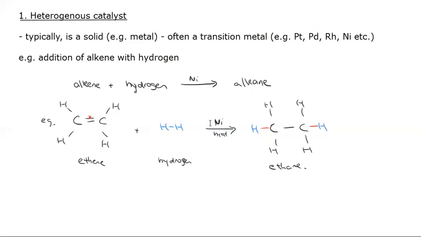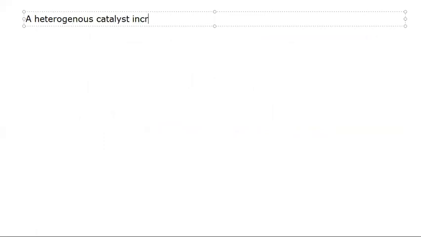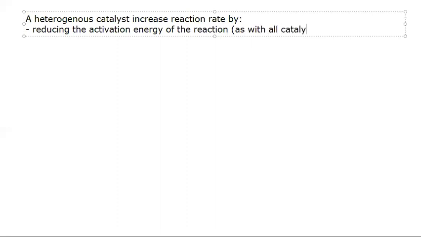Now, how does this nickel help? Well, this is where we won't go into it in too much detail, but essentially, a heterogeneous catalyst increases reaction rate by, the same thing applies to all catalysts, reducing the activation energy of the reaction, as with all catalysts.